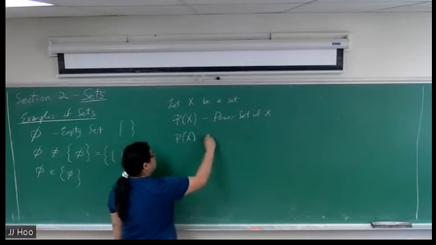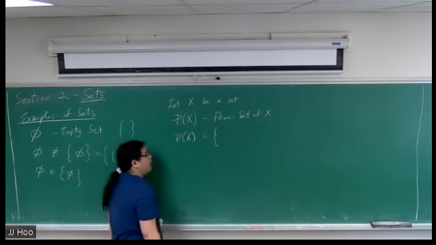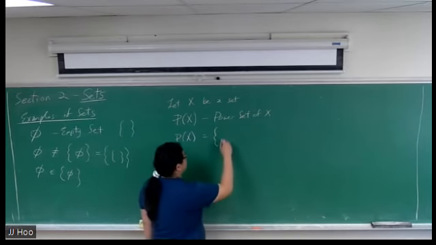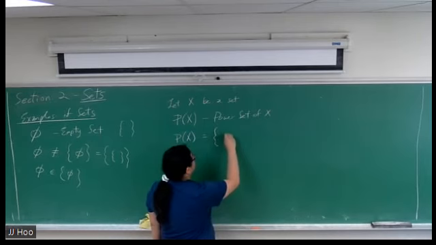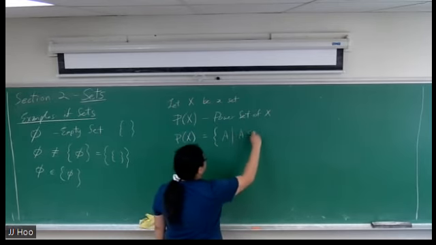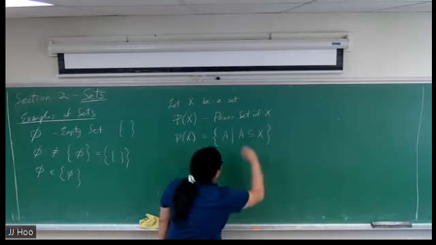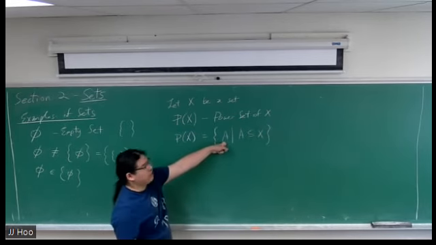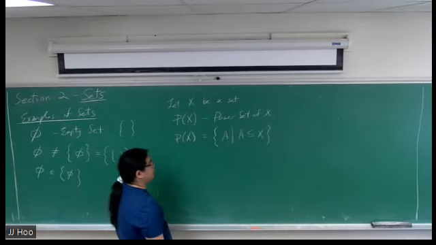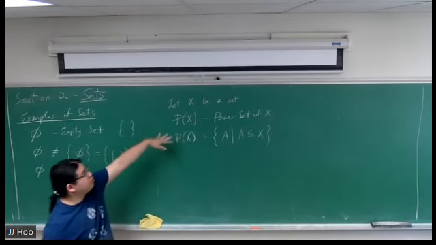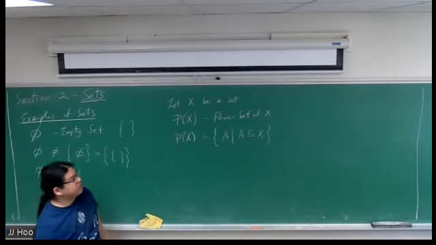But okay, so what is the power set? The power set is defined as the set of all A such that A is a subset of X. And technically here, when I don't write anything else, I imply that A is in my universe, right? You can write that A is in U, where U is the universe of all possible sets, right?